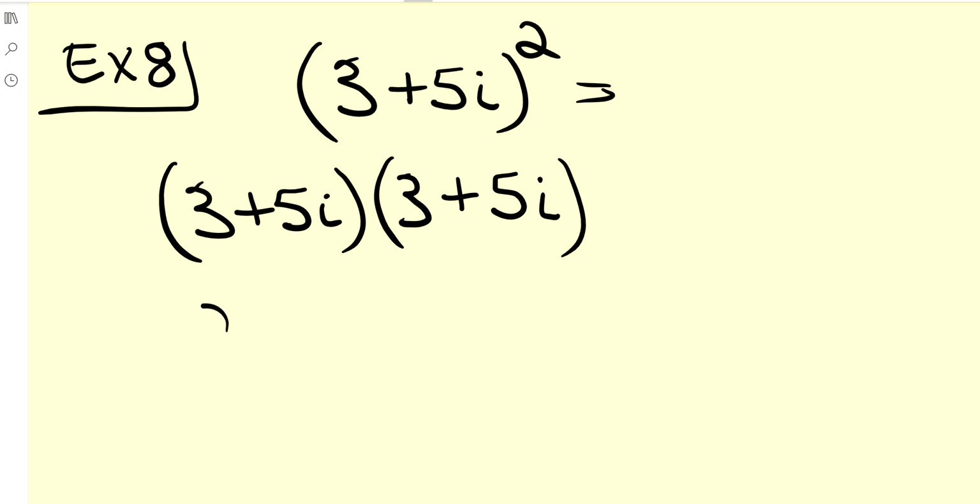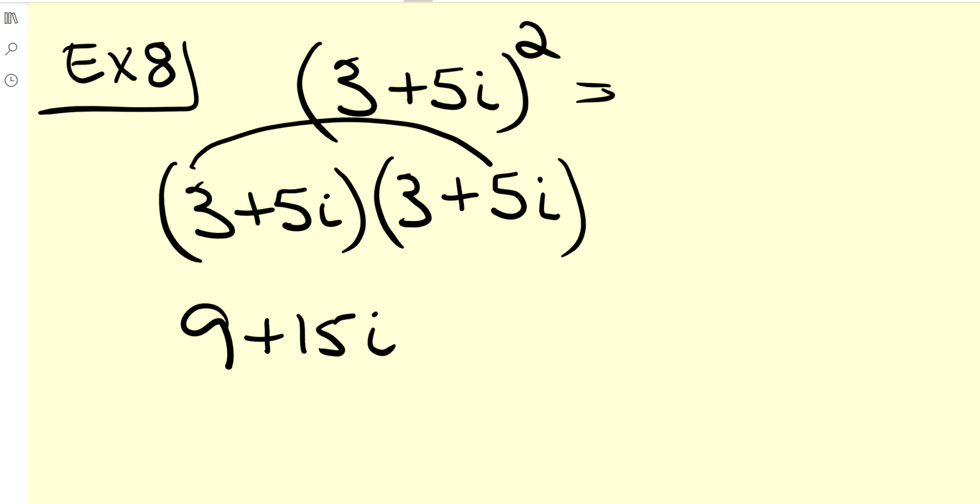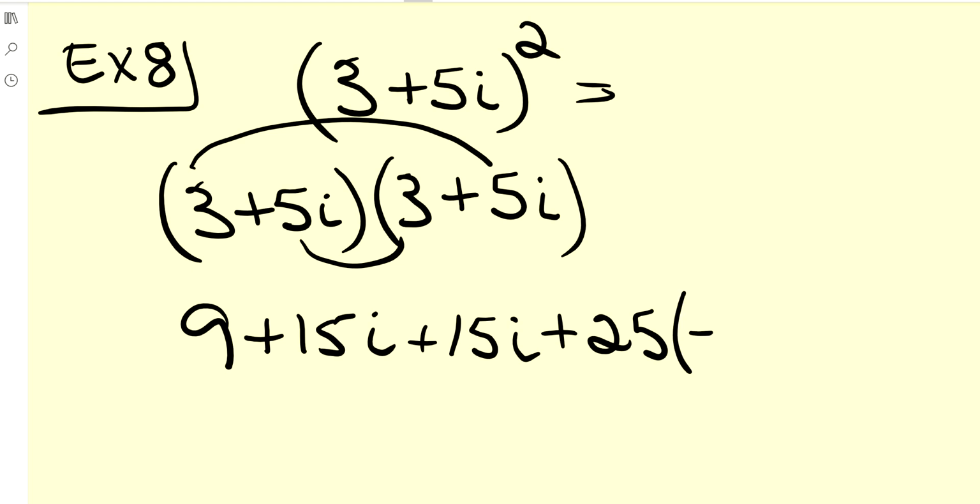3 times 3 is 9. 3 times 5i is 15i. 5i times 3 is another 15i. And then 5i times 5i is 25i squared, and i squared is -1, so this ends up being -25.